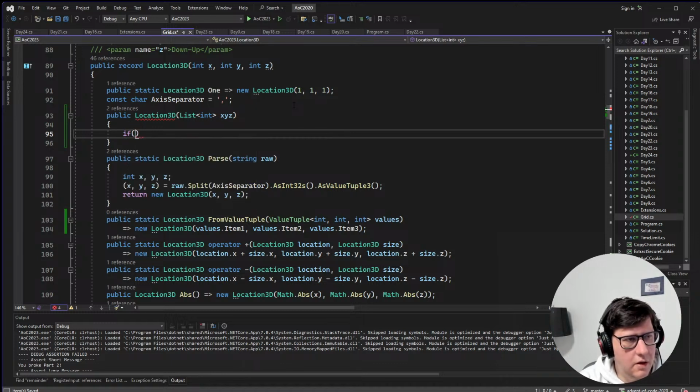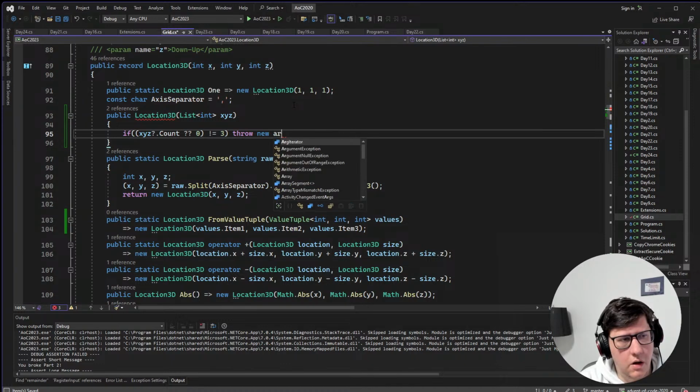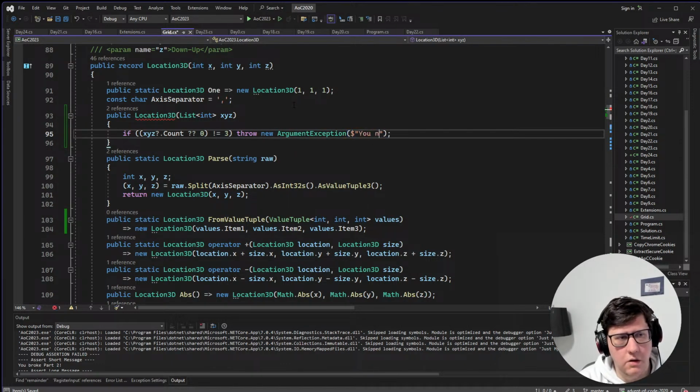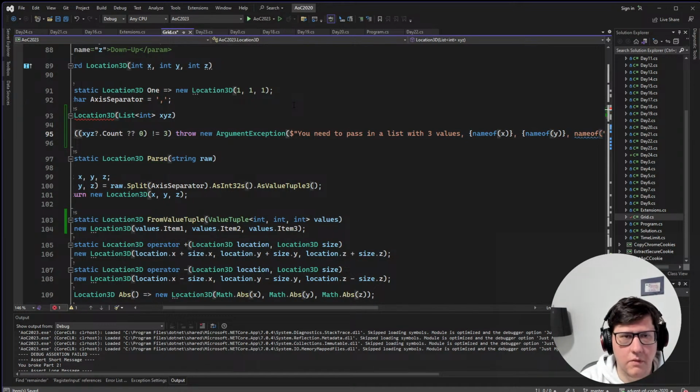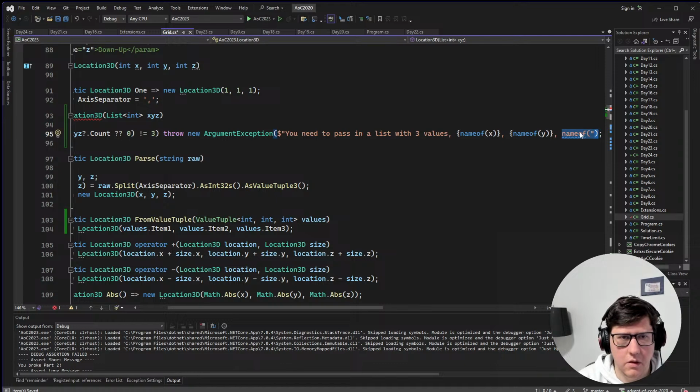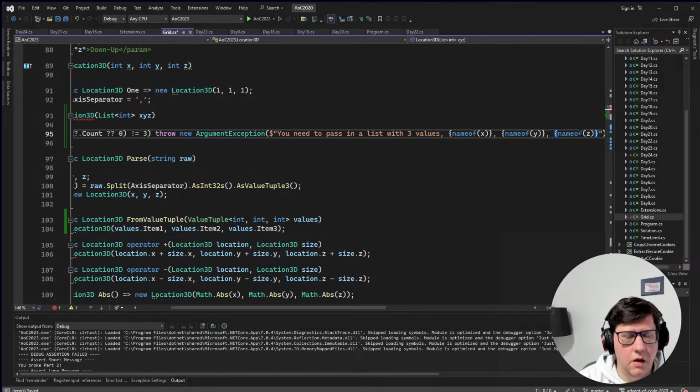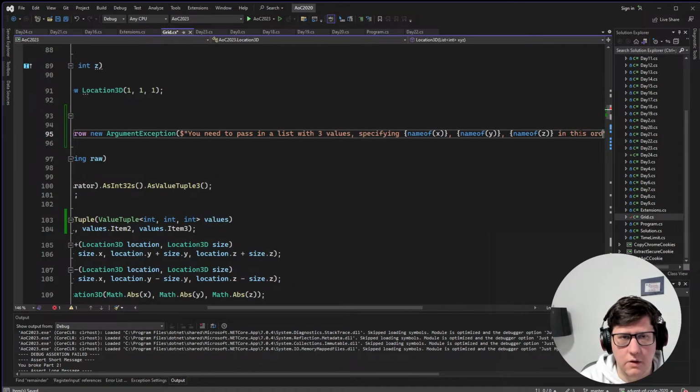If xyz dot Count is not equal to 3, throw new ArgumentException: You need to pass in a list with 3 values x, y, z, specifying XYZ in this order. Cool. Okay.